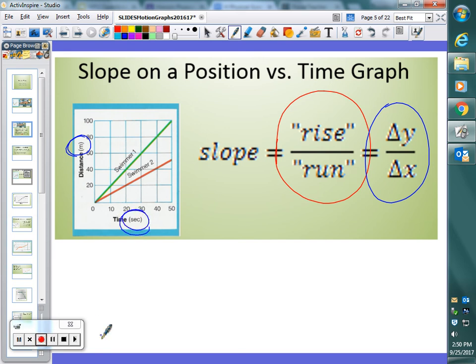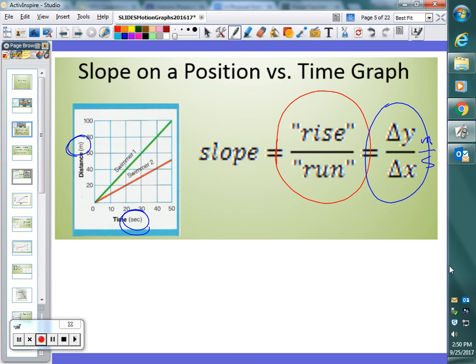So in this graph, even though it's a generic delta y over delta x, if we assign values to the y variable and to the x variable, the y variable we measure in meters. The x variable we measure in what? Seconds. So if we have meters over seconds, what does the slope of this graph tell us?